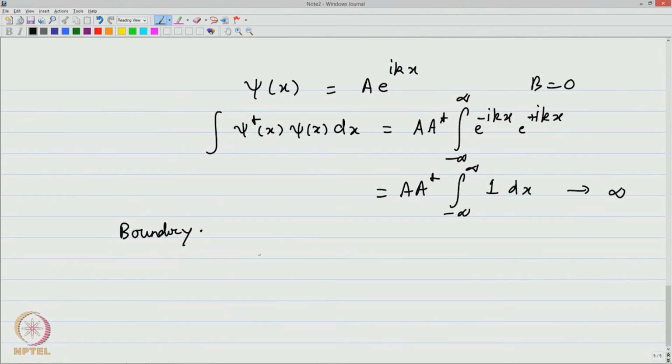Suppose the solution is valid for x within a certain absolute value a, x is between minus a and plus a.